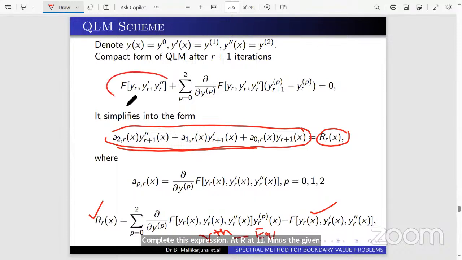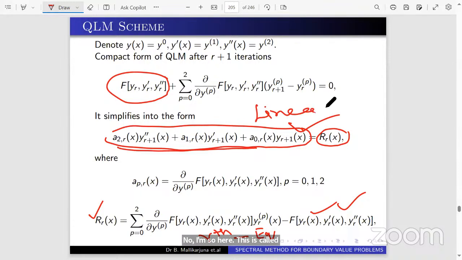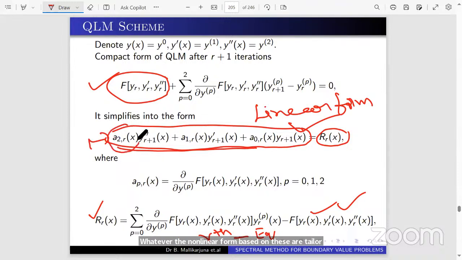This is F. Now observe here, this is called the linear form. Whatever the nonlinear form, based on the Taylor series concept, we convert it into the linear form, with those coefficients representing the derivatives. This is called the quasi-linearization method.